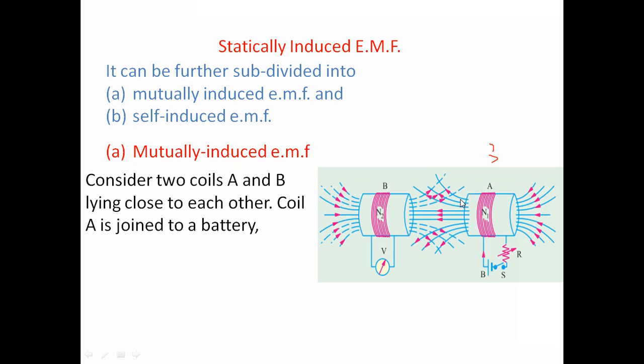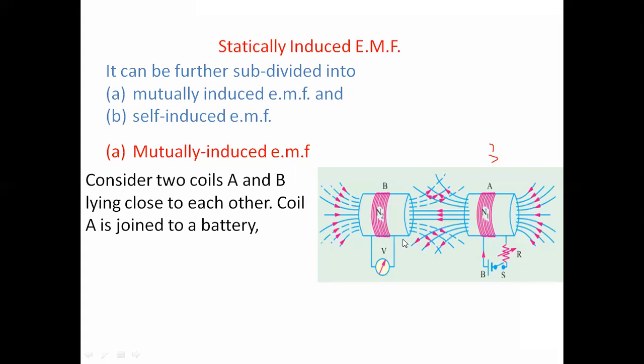This magnetic flux will cut the other coil, so the coil B is connected such that this magnetic field cuts it, and due to that the EMF will be induced in coil B. The flux induced in coil A cuts coil B, and due to that EMF is induced in coil B.